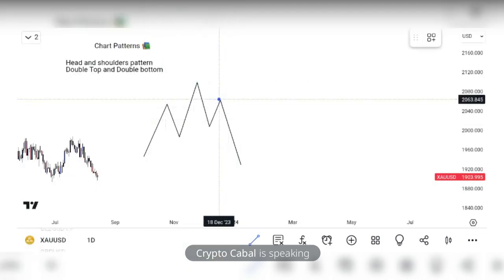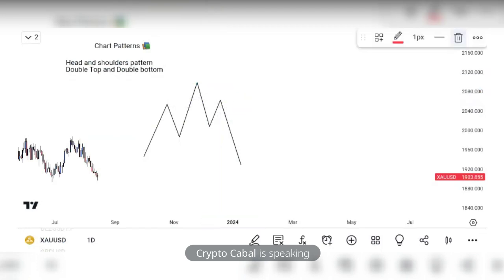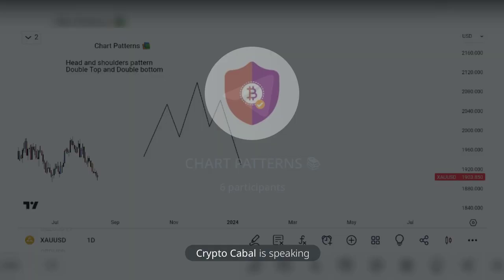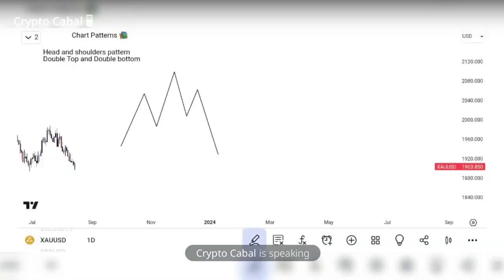Now, what does this particular pattern indicate? The head and shoulders pattern suggests a reversal from an uptrend to a downtrend. We know what an uptrend is, or when we say price is bullish. When price is bullish, it means price is going up, right? This is how it's formed.